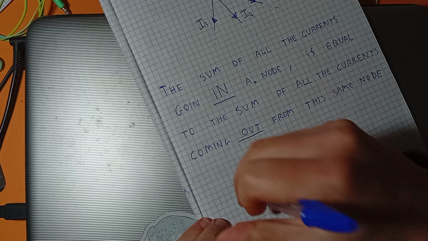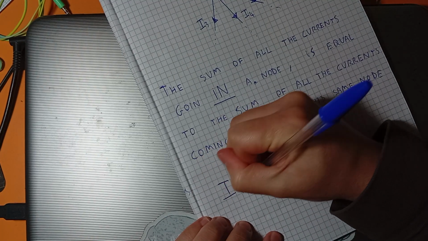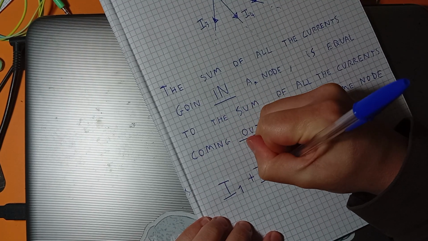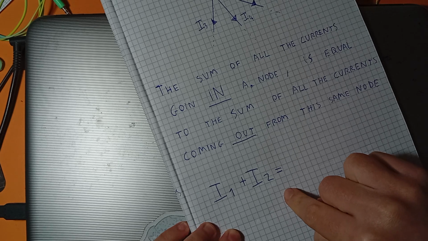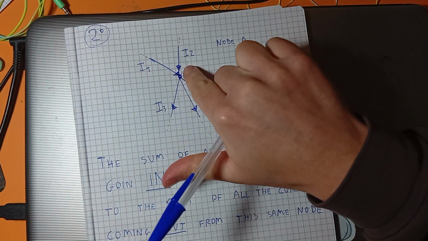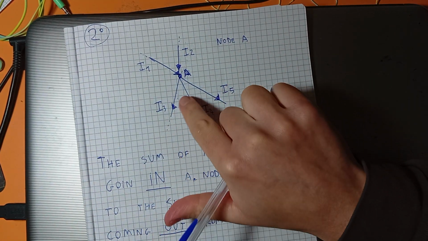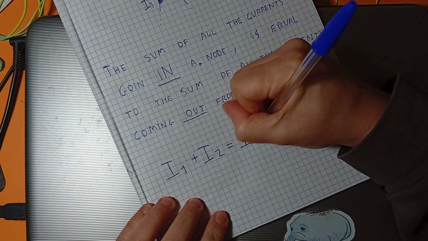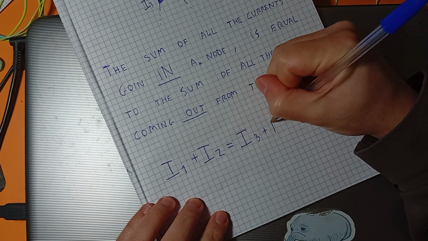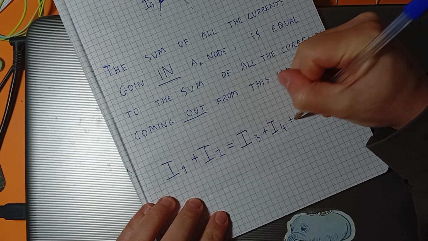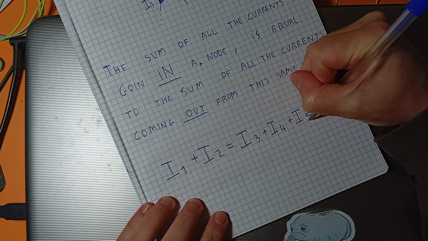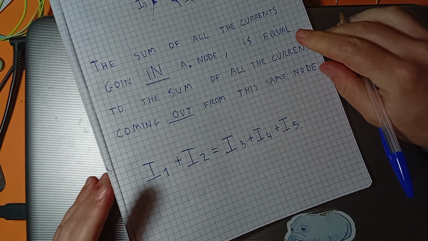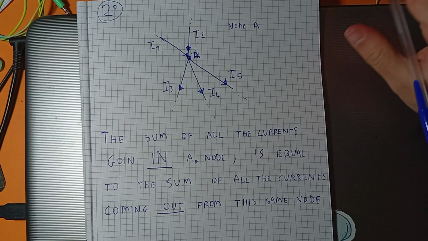So I1 plus I2 is equal to, guess what? I3 plus I4 plus I5. This is the second Kirchhoff principle.